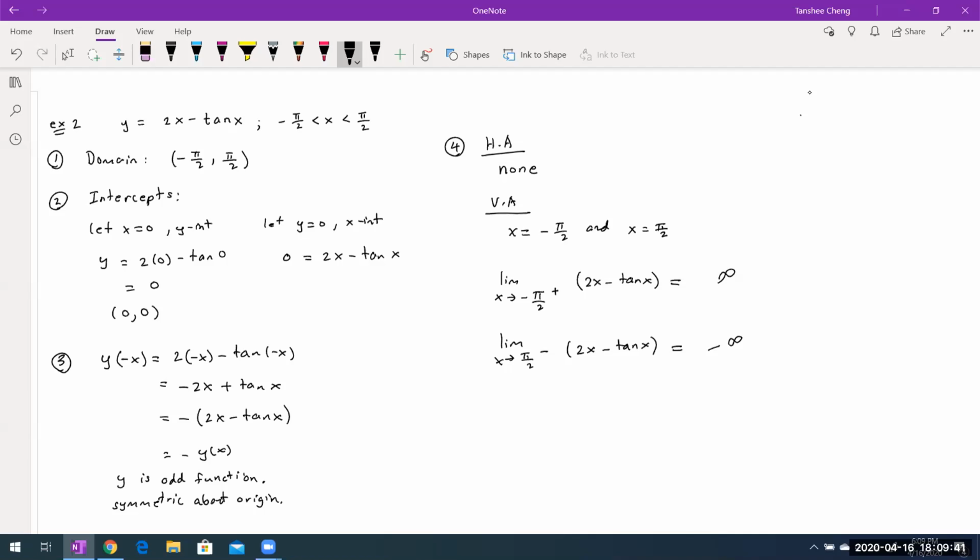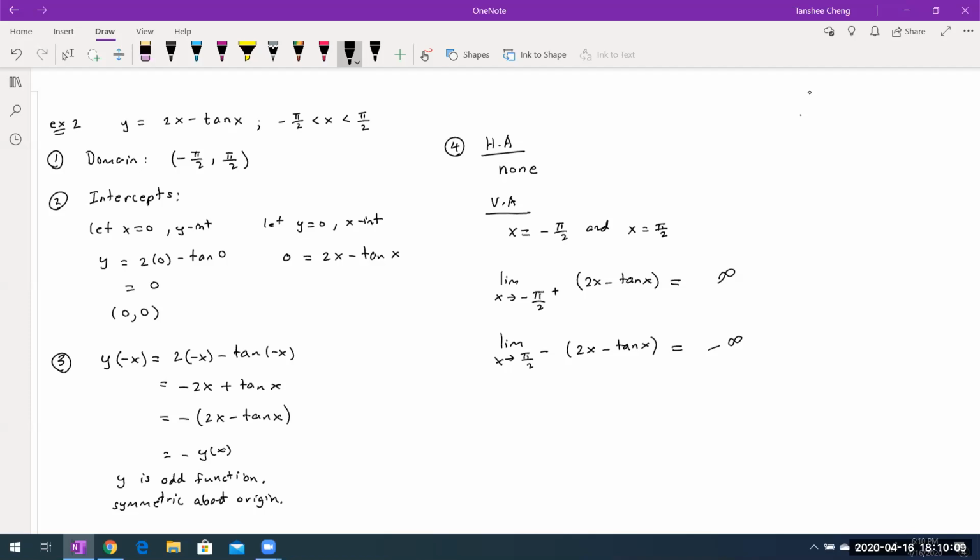So we look at the limit as x approaches negative pi over 2 from the right side. We know that on the tangent graph, when it approaches negative pi over 2, tangent gives a very large negative value. So negative and negative become positive, and 2x is going to be a smaller value.